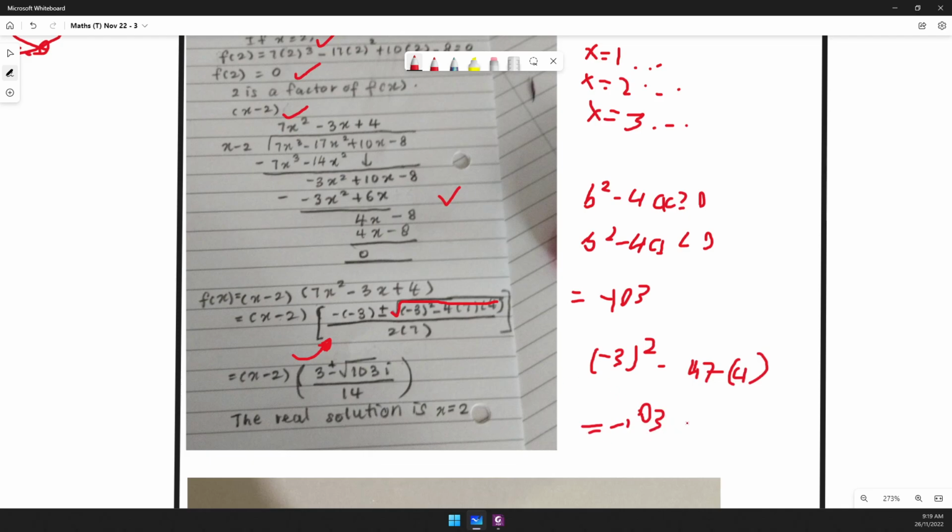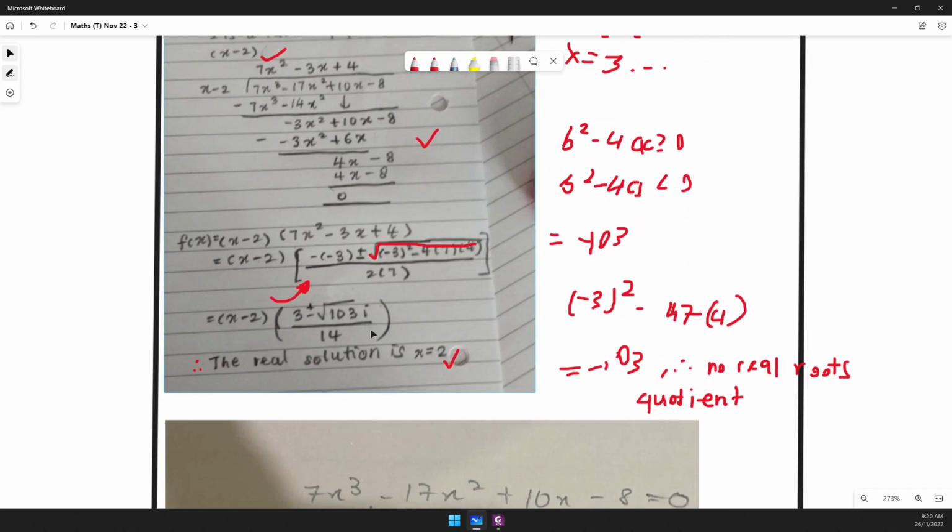So the moment you get this, you can say hence no real roots for the quotient, the quadratic part of the equation. Then you're done. You don't have to do the rest, and just state the only real root of the function is x equals to 2.